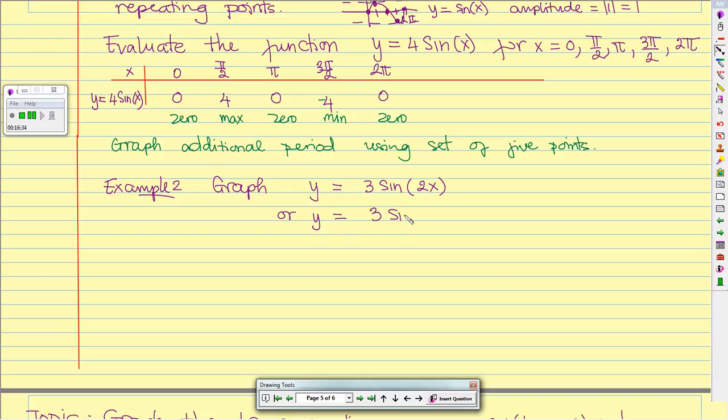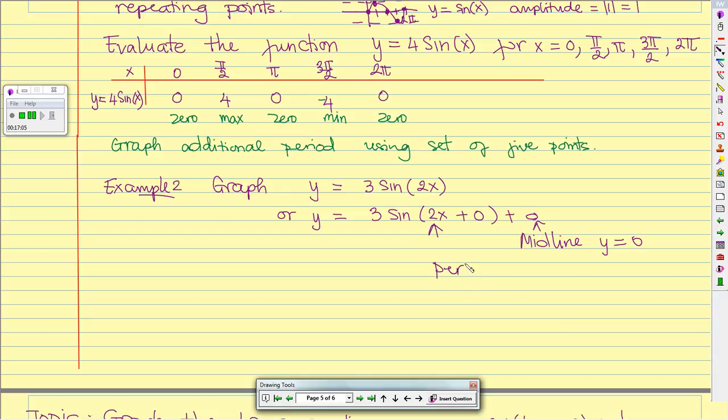So again, you can write this function as y equals 3 sine of 2x plus 0 plus 0. So you will start with your midline first. So the midline, which is right here, D. So the midline is y equals 0.